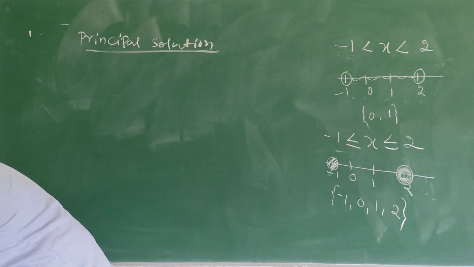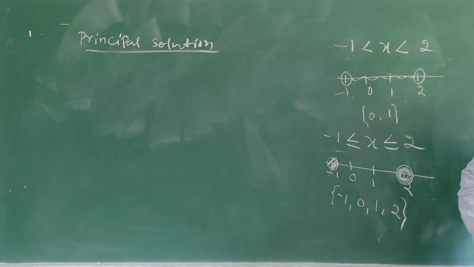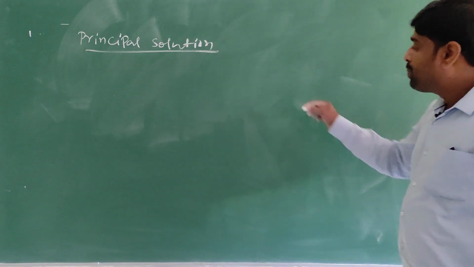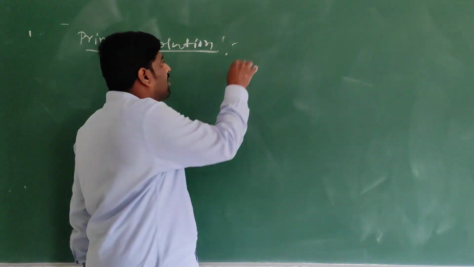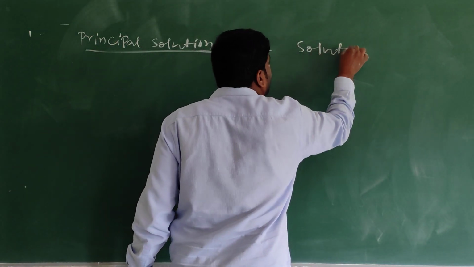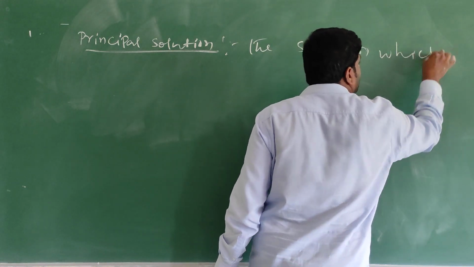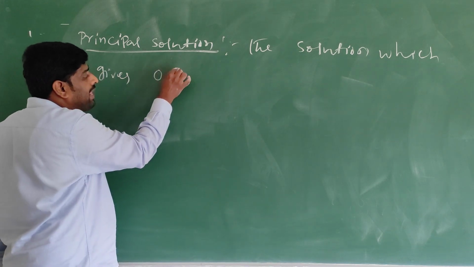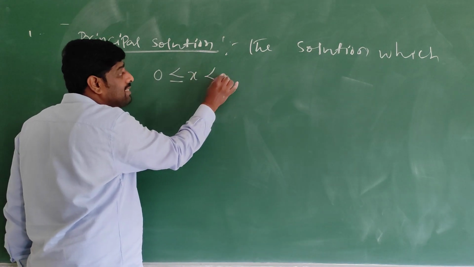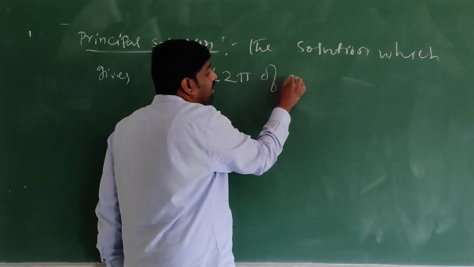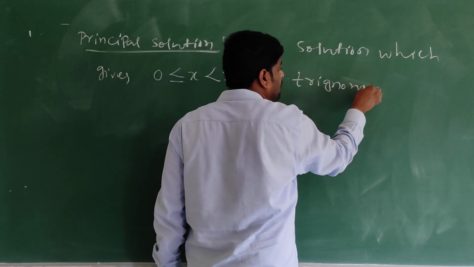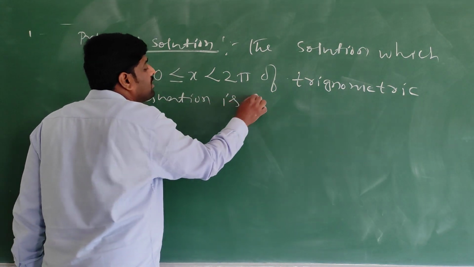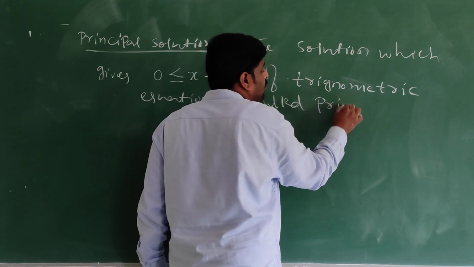Principal solution means the solution which gives 0 less than or equal to x less than 2 pi of the trigonometric equation is called the principal solution.